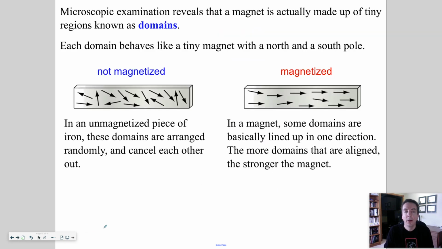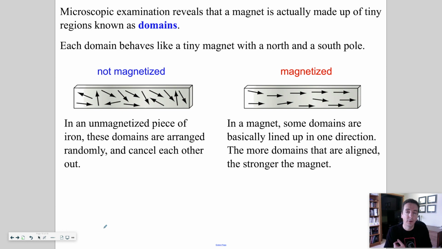So microscopic examination reveals that a magnet is actually made up of tiny regions called domains. So each little region inside any piece of ferromagnetic material, and that's iron, nickel, cobalt, gadolinium, not aluminum. Aluminum or copper or silver or gold, metals that aren't magnetic don't have domains.